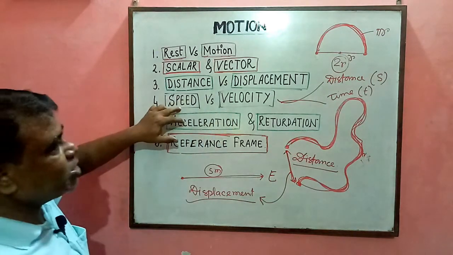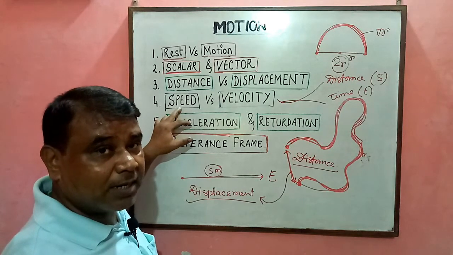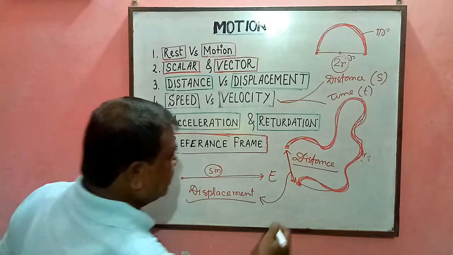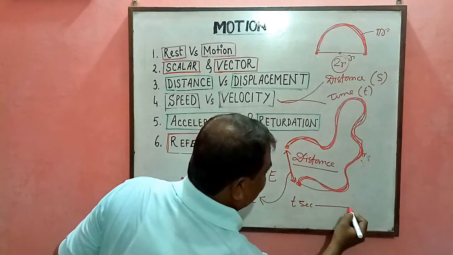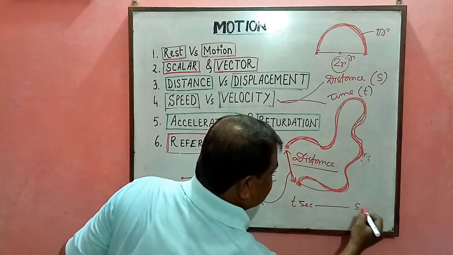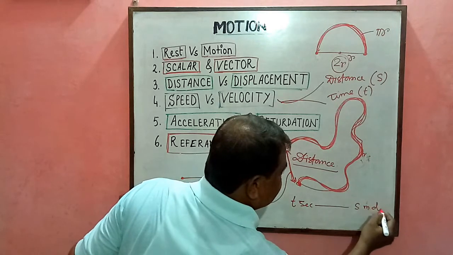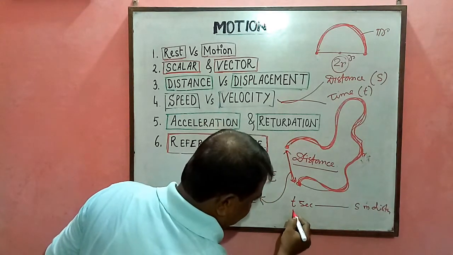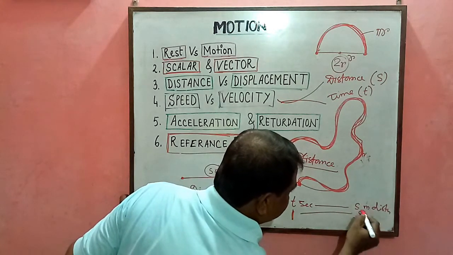Speed is the distance traveled by an object per unit time. In time t seconds, let's say a body moves s meters of distance. So in 1 second it will cover s upon t.